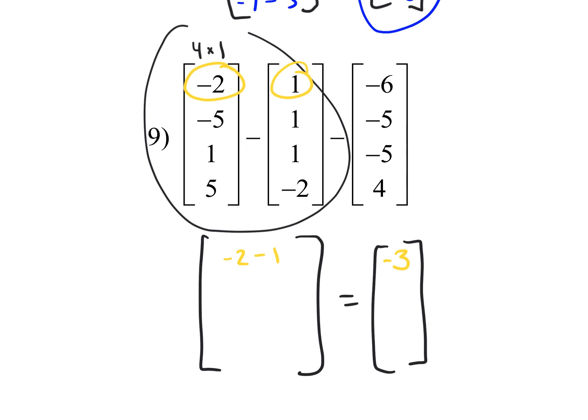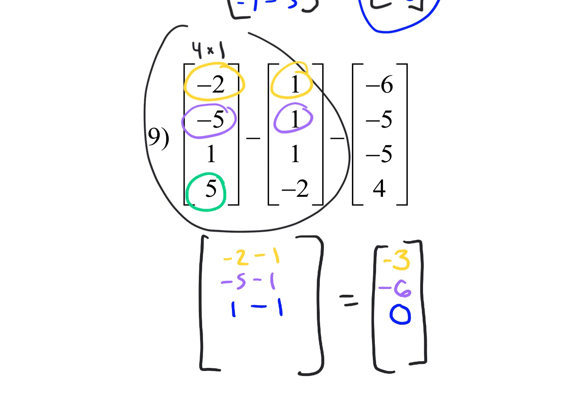Sienna, next. What do I need to do? -5 minus 1. What's -5 minus 1? -6. Then we have 1 minus 1, which is? Anybody? 0.